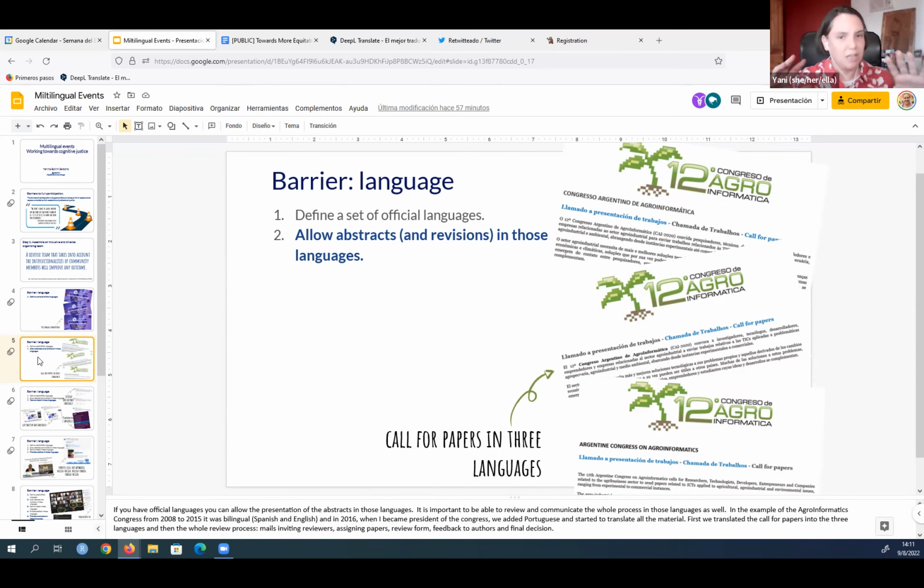It is a lot of work. Yes, you can get the people to do this. You can find these people to do this in the language of the author. And of course, we allow people to present in their native language.